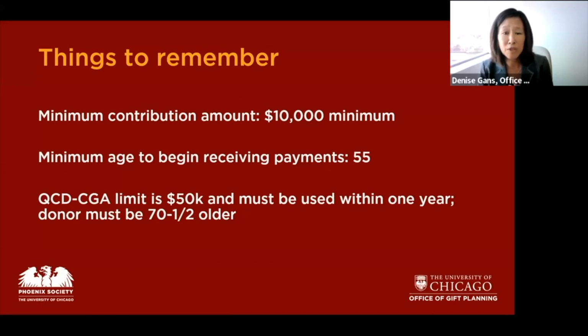So you couldn't, for example, do a $25,000 QCD CGA in 2023 and then do another $25,000 in 2024. You would have to take advantage of it all in 1 year. I also mentioned that in order to do a QCD CGA, you have to be 70 and a half or older. And there are other requirements involved that if you're interested in doing something like this, we would certainly go through with you.